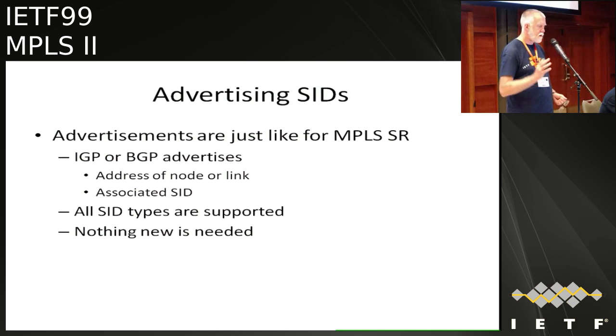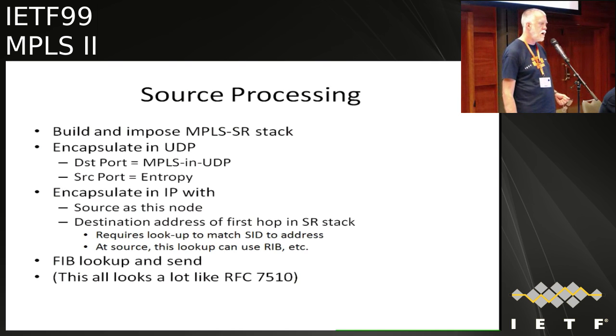So I have 3 slides, say who does what in the network. The source builds the SR stack, just like it was an SR node. It encapsulates, setting the fields as I just described, in UDP and then in IP. The little wrinkle is that to set the destination address, you've got to look at the top SID in the stack and say, where am I trying to get to, and map that.